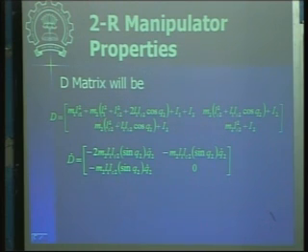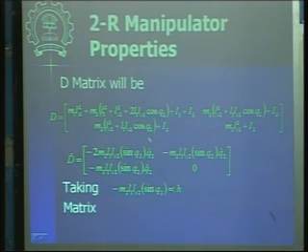So this is m2 l1 l2 c2, and the derivative of cosine is minus sine q2 times q2 dot. Likewise, in all the terms we will take the derivative and we will get this D dot matrix. Now if we use the same h as we defined in the previous case, we get this D dot matrix to be of this form.